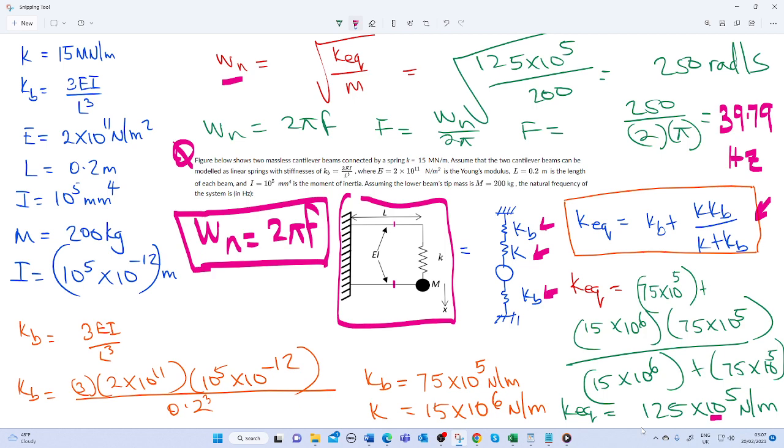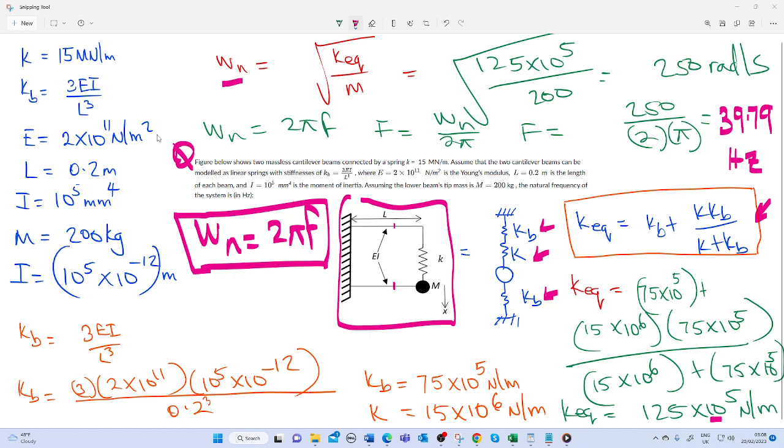Our calculated Wn equals 250 radian per second.